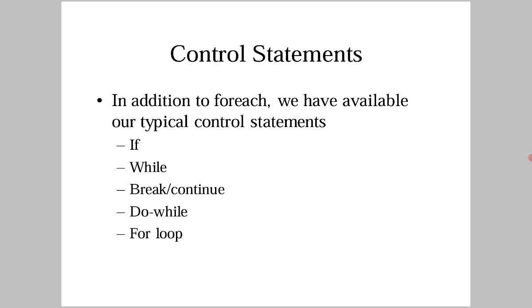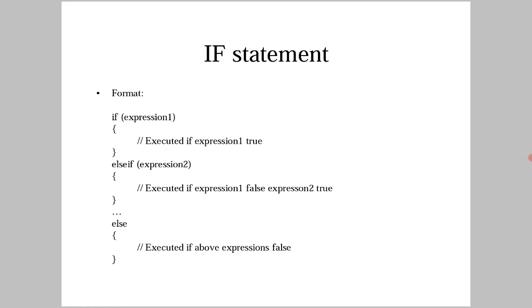So what are the different types of control statements? If statement, while statement, break and continue, do while statement, for loop statement. So we start with if. What is the syntax of if? If within brackets expression 1, the statement is executed if the expression is true, else if expression 2 is executed if expression 1 is false.